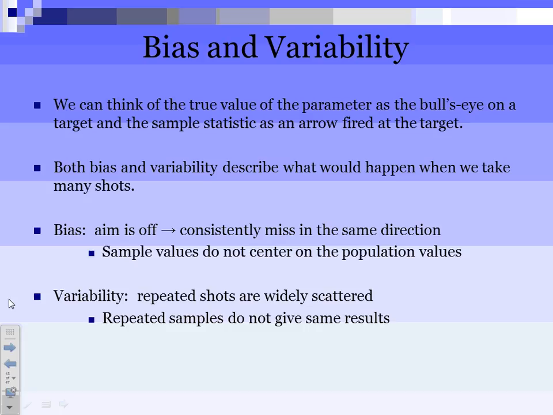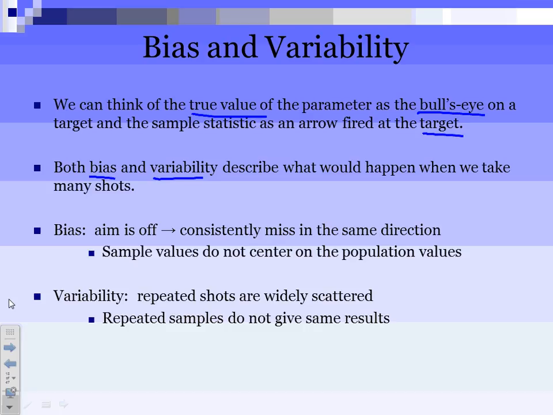All right. Now, let's get back to this idea of bias. We've spent a little time with variability. Let's talk about the bias here. We can think of the true value of a parameter as the bullseye. So the true value is the bullseye, hitting the dead center of that target. And we can refer to the bias and the variability as to how these points are spread out around that target.